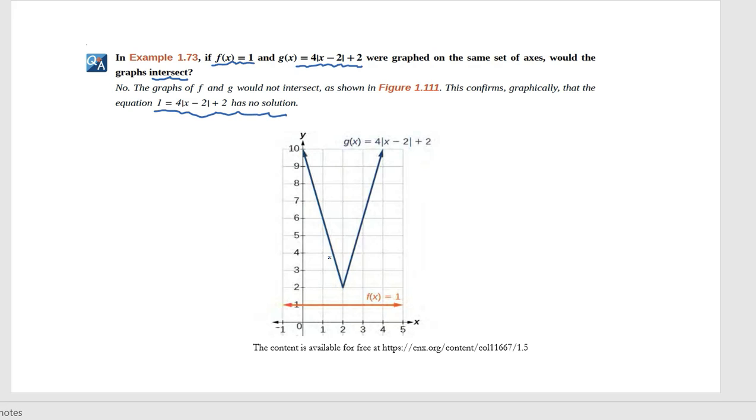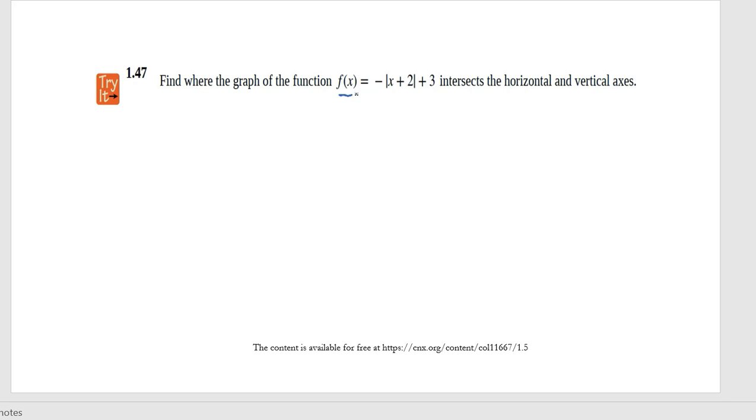If there was a point that they intersect, that point would be the solution, the answer of the question. Find where the graph of function f of x intersects horizontal and vertical axis. Where does the graph meet x-axis and where does it meet y-axis?